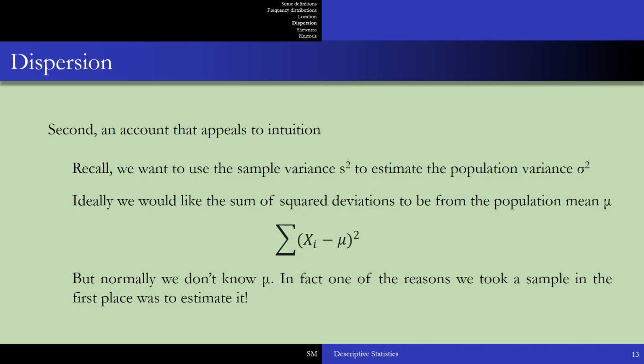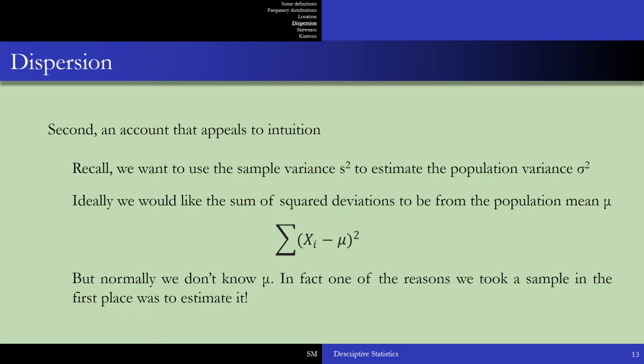Recall that we want to use the sample variance, small s squared, to estimate the population variance, Greek sigma squared. Ideally, we would like the sum of squared deviations to be around the population mean. By convention, the population mean is usually denoted as Greek mu, small Greek mu.